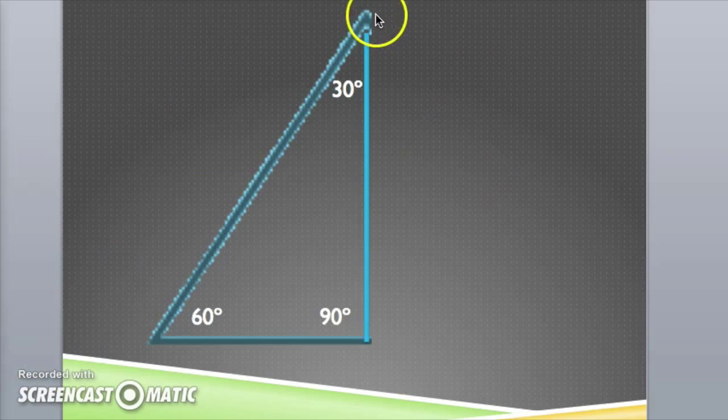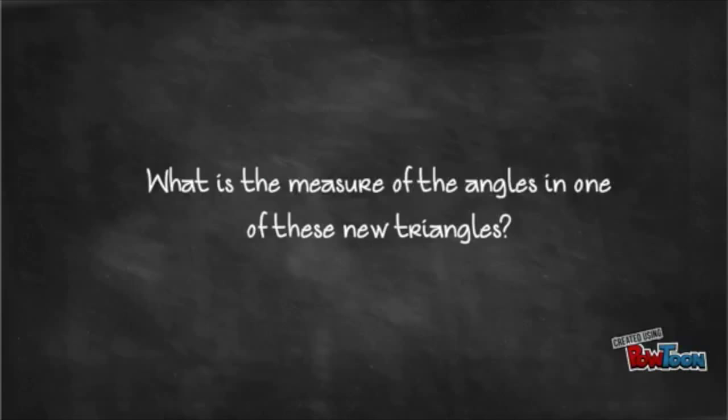Now that we have our new triangle, we got 3 new angles. First we have a right angle of 90 degrees and 2 acute angles, one of 30 degrees and another one of 60 degrees.